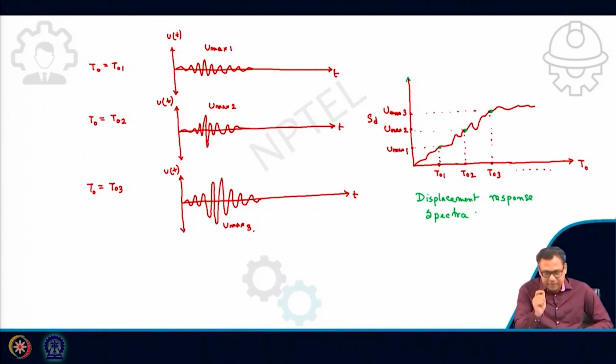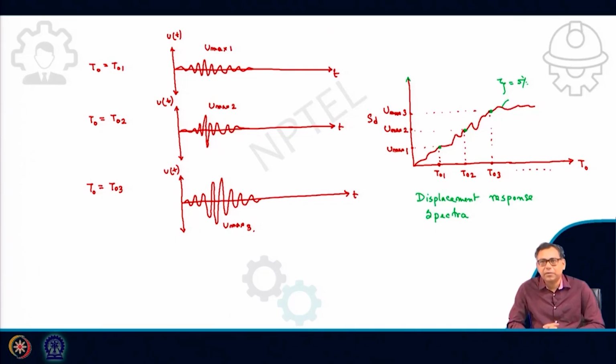From there you will get the maximum displacement. Now that displacement you plot with respect to time period or frequency, then you will get the displacement response spectrum, keeping any constant damping ratio. Here, for example, say it is 5%.